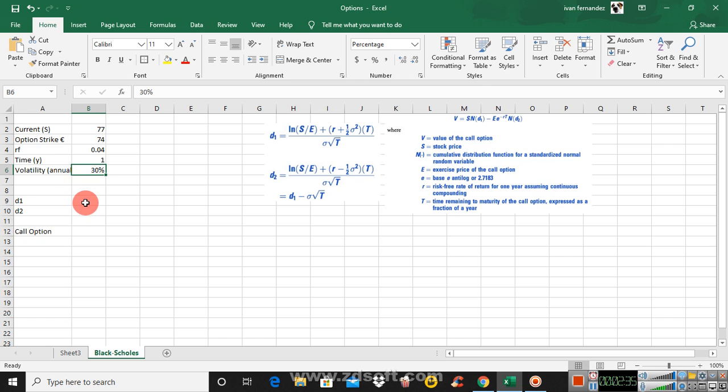Okay, so you're going to compute D1 first, and you're going to get it from this formula. So let's do it.